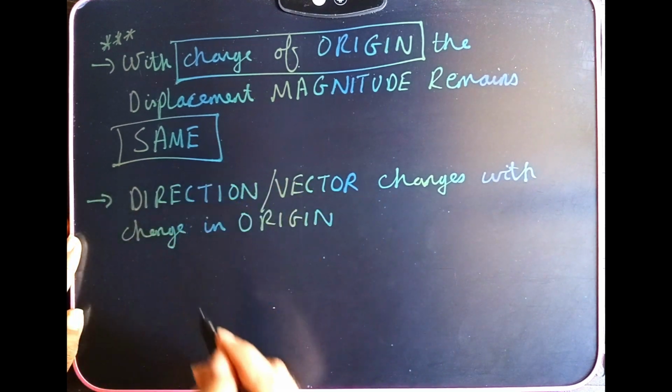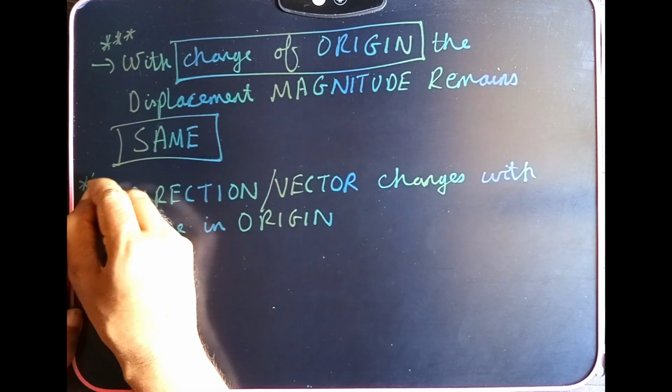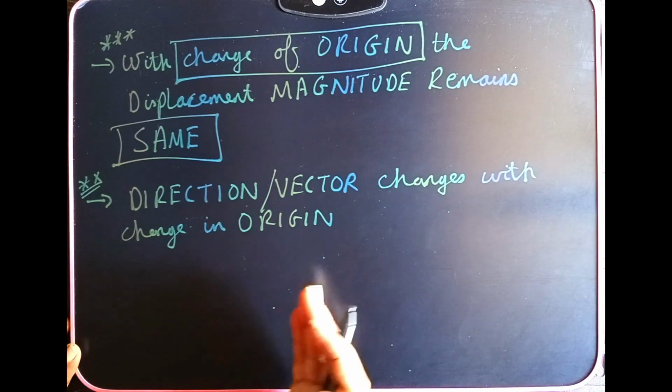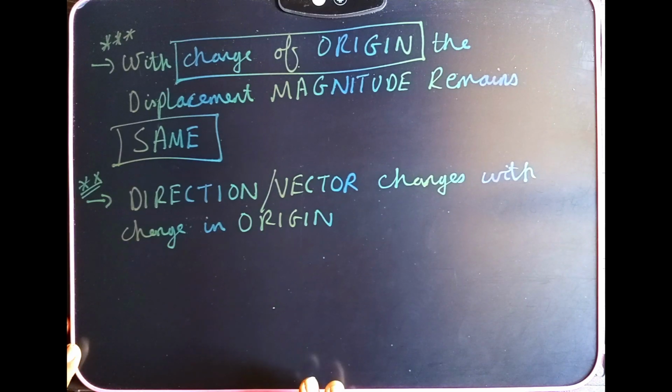We saw in the earlier example that the sign associated with the displacement changed from negative to positive. This is with respect to change in origin. So here we saw that though the position changes, the displacement magnitude did not change, but the direction changed.